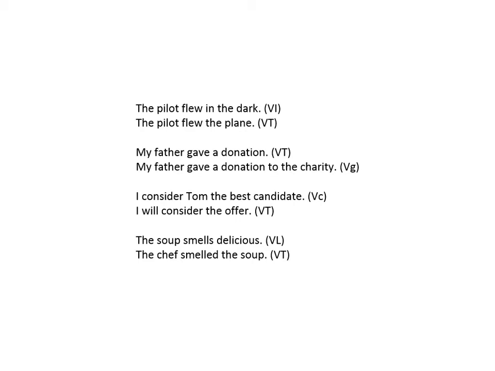All right, so this visualization can show you sentences in which you can see that verbs can be more than one type. In the first, you can see that the pilot flew in the dark, which is intransitive, or the pilot flew the plane, which is transitive. In the second sentence, my father gave a donation, but also my father gave a donation to charity, shows that it can be a VG or VT.